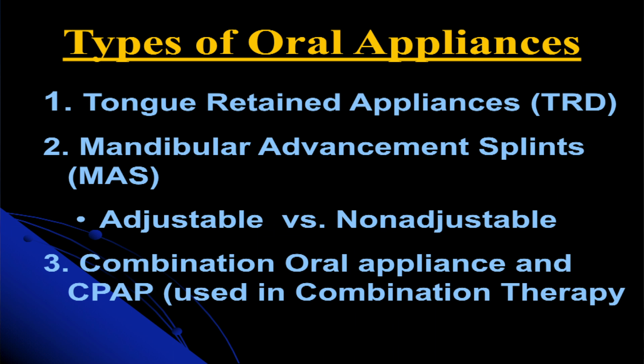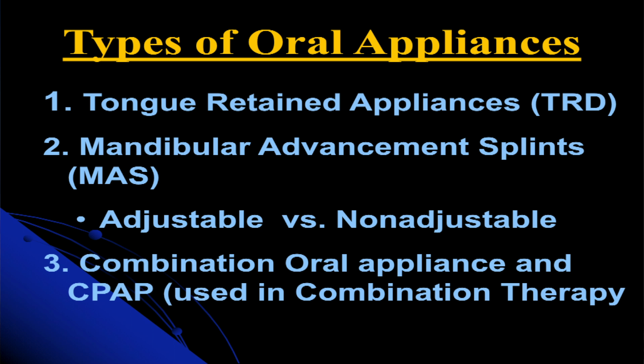Now these are the 3 basic types of oral appliances, then there's subgroups under them. First one is the tongue retaining device, affectionately known as the TURD. Then the second type is the mandibular advancement splints, which is almost all the therapy these days. They could be adjustable or non-adjustable.